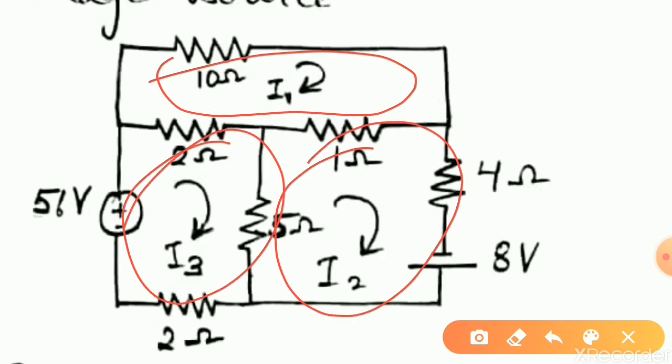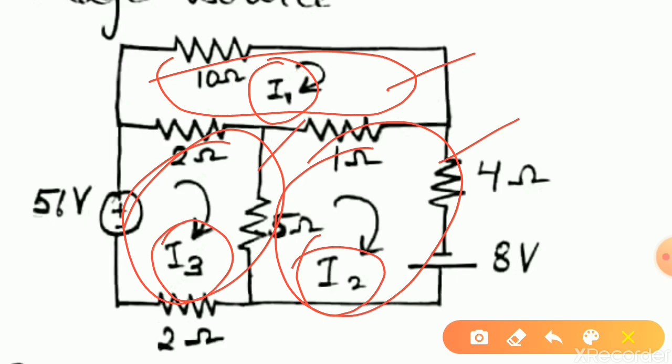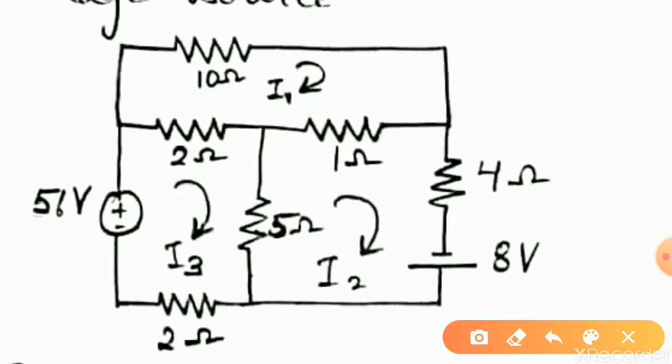For each loop we have individual currents flowing through them, that is I1, I2, I3 in loops 1, 2 and 3 respectively. When we apply KVL, we can find loop equation 1 for the circuit as: when I1 flows through the 10 ohm resistor, we can write the equation as plus 10 into I1.